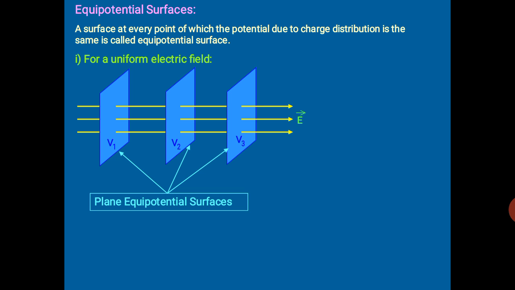So whatever may be the potential on the first surface, it is same anywhere on that surface. Similarly, for the second surface, you can measure the potential anywhere on the surface, which is same. Let that potential be V2. By taking any point on the second surface we are getting V2 only. Similarly, this third surface is also an equipotential surface.